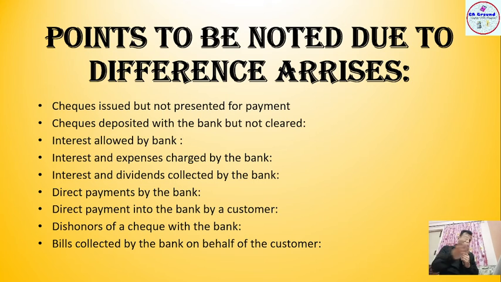If you see the bank statement, the cheque has not been presented yet, because the time limit of a cheque is 3 months. So the receiver of the cheque can present it in the bank at any time during the 3 months. So the bank is showing 1000 and our book is showing 990. So you see the difference has arisen.